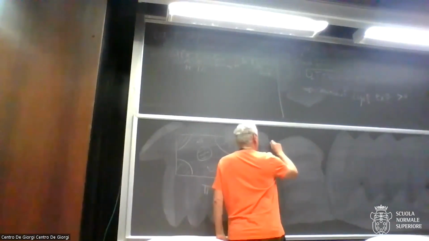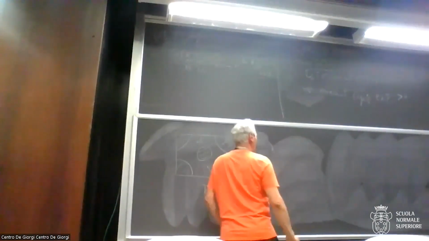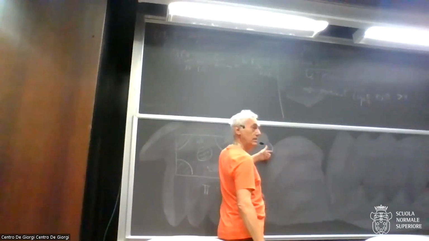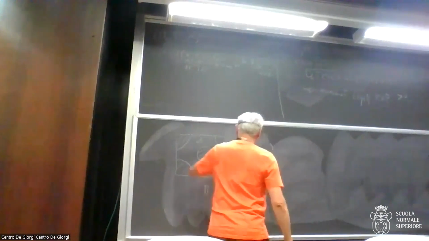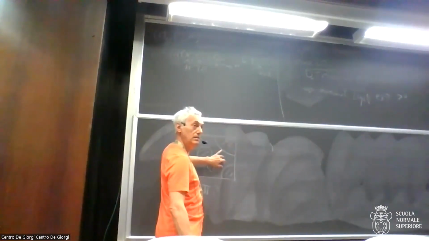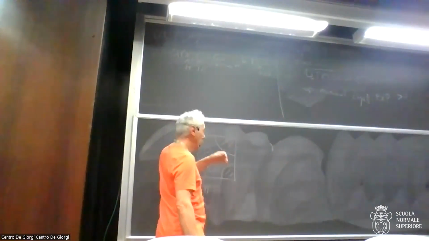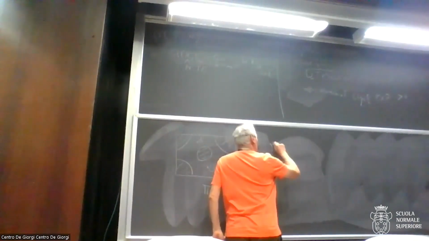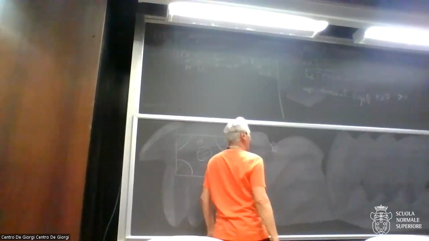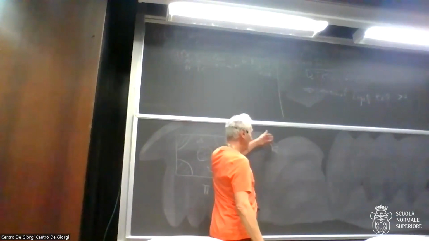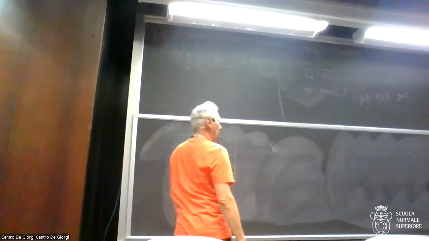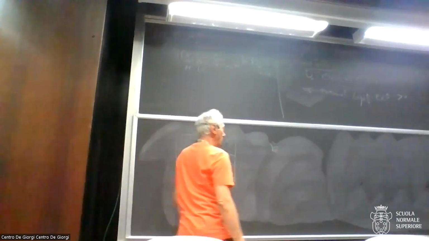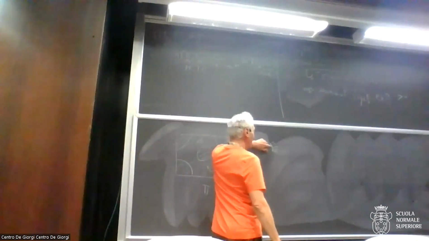So what I shall do, I represent a tangent vector in this way. This is a curve in the configuration space, and then at each point I have a perpendicular vector.